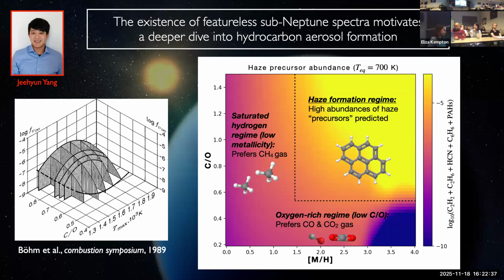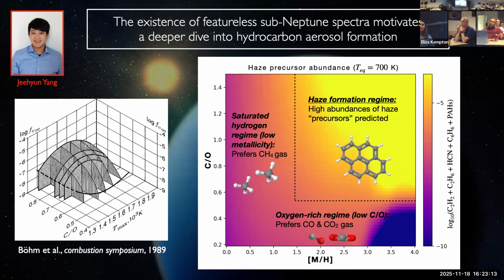So he has this neat idea where the hydrocarbon hazes are precipitated not actually by UV photolysis from the host star, but he pointed to some results in the chemical engineering literature that show that at the temperatures of the deep atmosphere, where it's going to be much hotter in the sub-Neptune, you have appropriate conditions to make PAHs, high order hydrocarbons, hydrocarbon rings in the deep atmosphere just by thermochemistry.